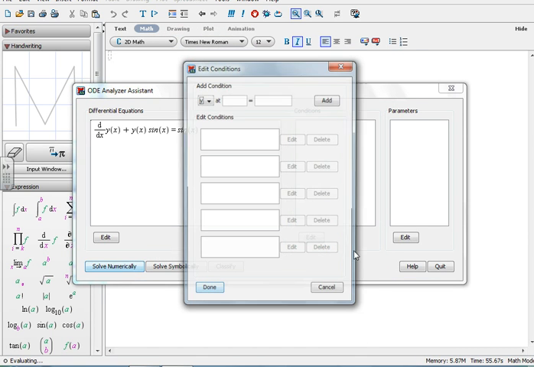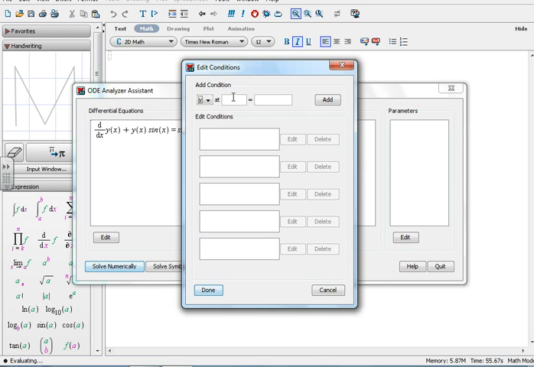Now the initial condition, y at pi over 2. Oh bummer, how am I going to get pi over 2 over there? Could you type in 90 degrees? No, it's got to be in radians. Might be pi over 2 is equal to 3.